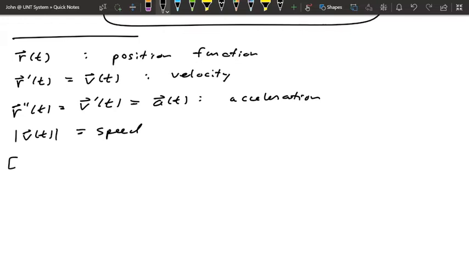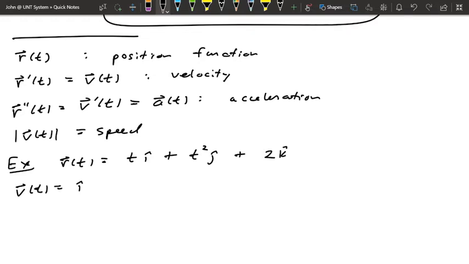Okay, let's do a quick example of computing these things. So let's say that our position function is given to us, t i plus t squared j plus 2k. All right, so the velocity is going to be the derivative, which will be i plus 2t j plus 0k.